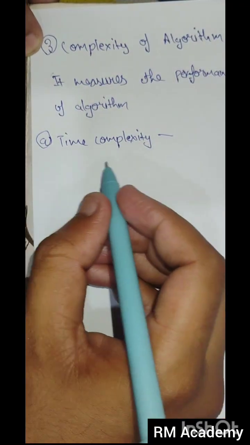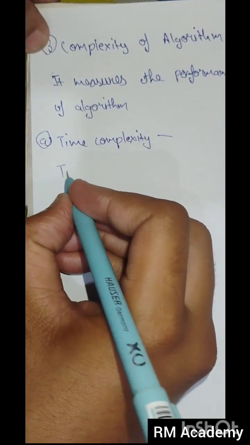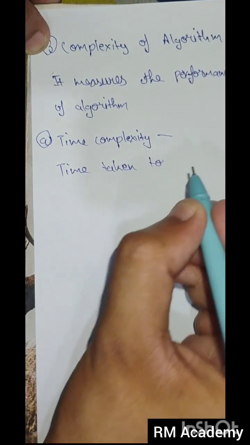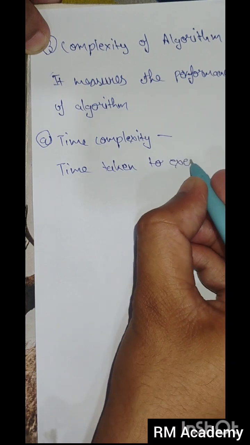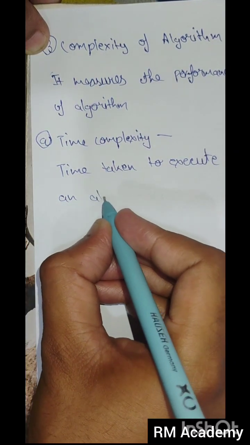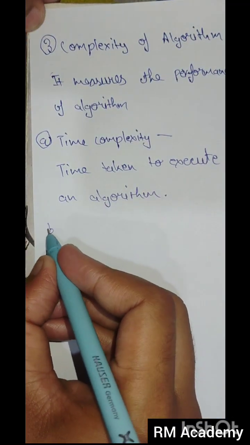Time complexity tells us the time taken to execute an algorithm. And on the other hand, space complexity.